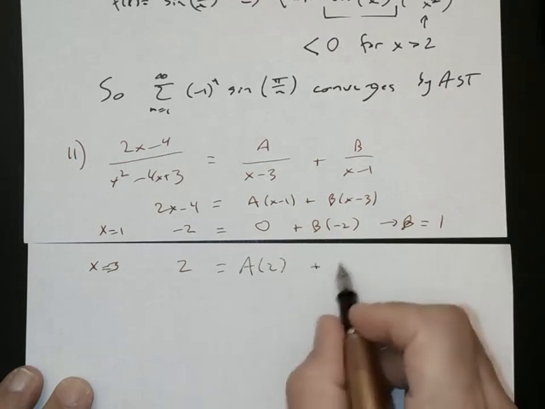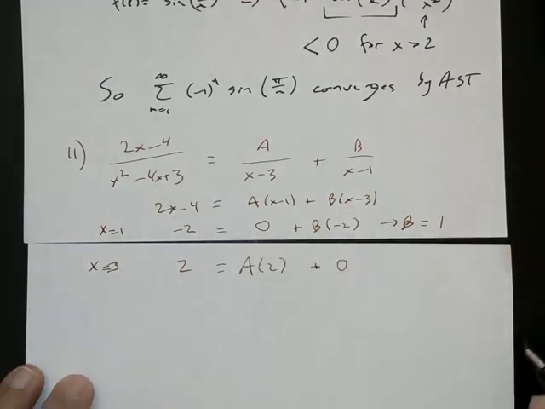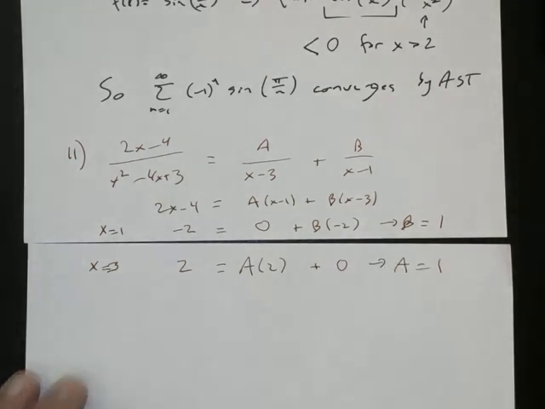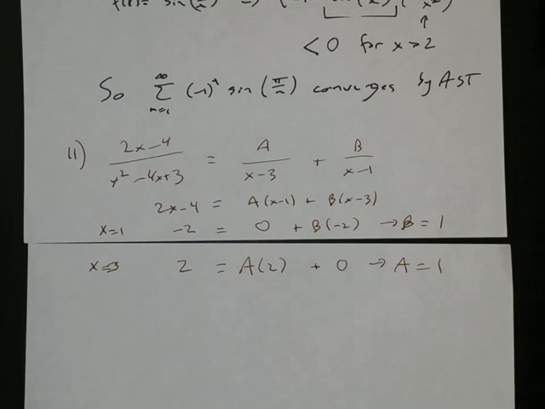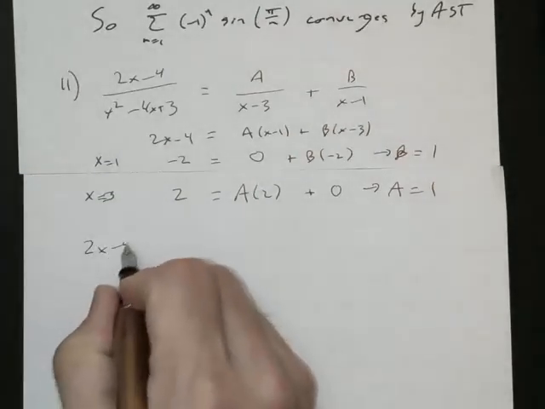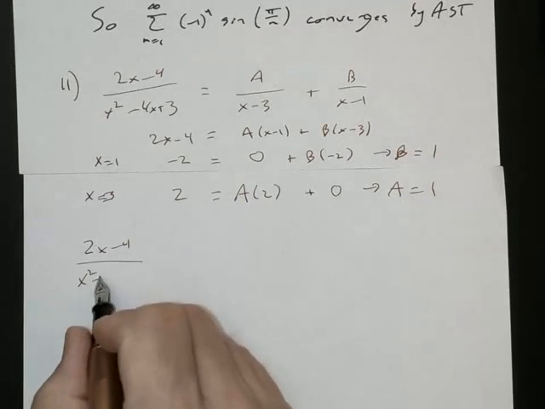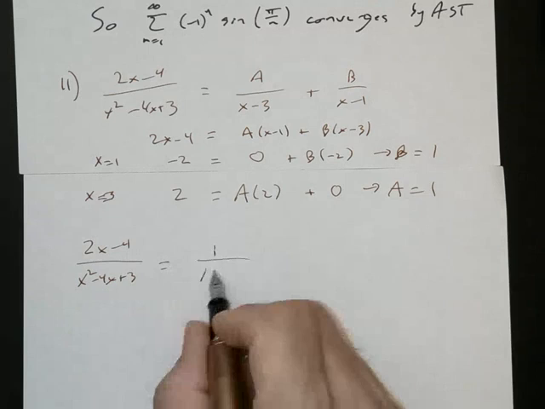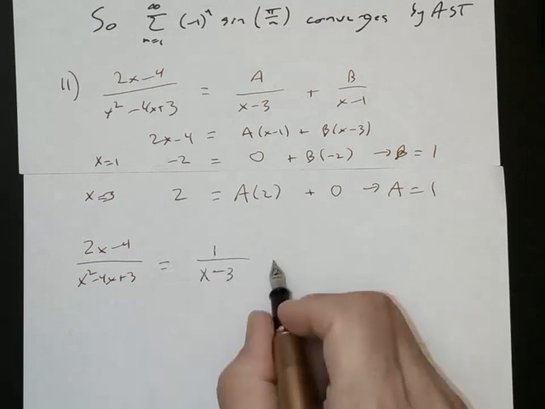And so that tells me that a is also 1. Wonderful. So I know (2x - 4)/(x² - 4x + 3) is 1 over x minus 3 plus 1 over x minus 1.